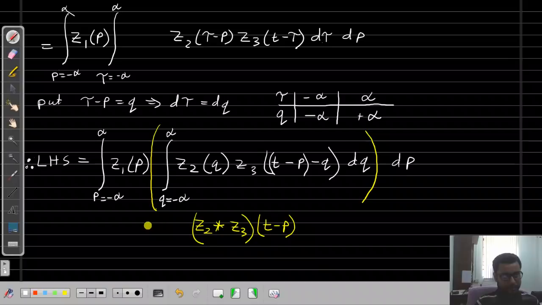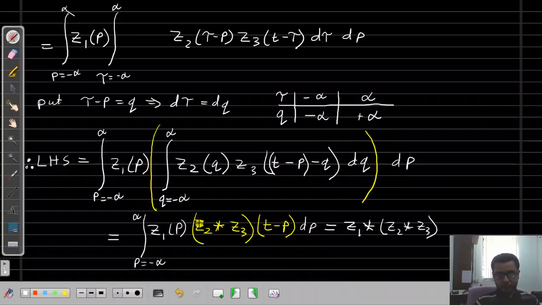And then the outer part is z1 of p integrated over dp, p from minus infinity to plus infinity. Now you observe that this is convolution between z1 and this term. This is nothing but z1 star this term, z2 and z3 together. Here you consider this z2 star z3 as one single function of t minus p.